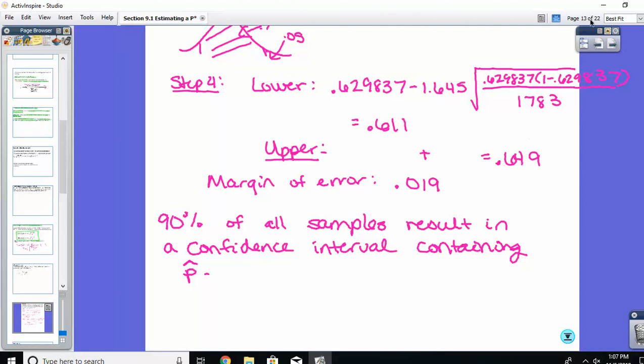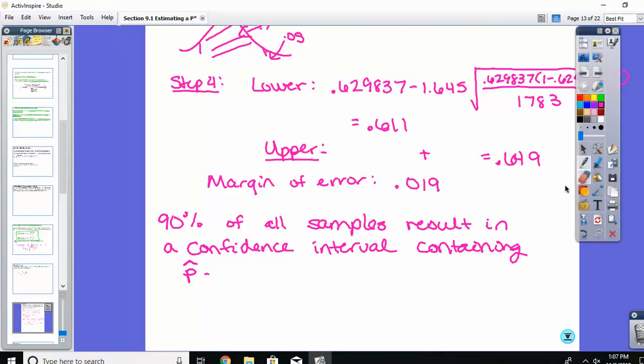I should maybe even say "containing" instead of p-hat, that's a little misleading. How about we say "containing the true p value"? Okay, so we've done a lot of other stuff explaining here, but the main point of this section is creating those confidence intervals.